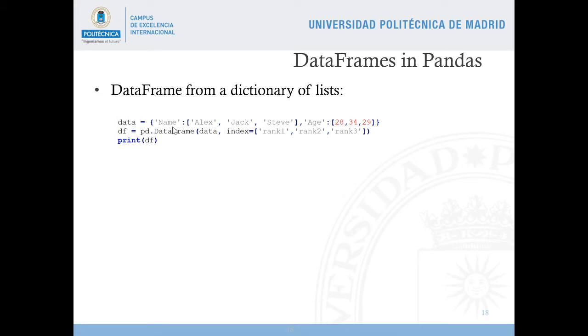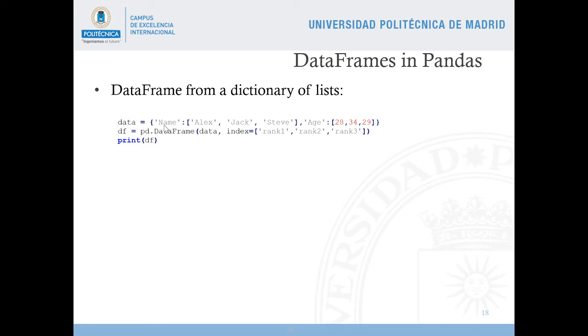So as I said, a dictionary is a set of pairs. The first element of the pair is called the key, and the second element is the value. So here you have the key name, and the value is a list. When you are using a dictionary here, all the values need to be a list or something, mainly a list, and all the lists must have the same number of elements.